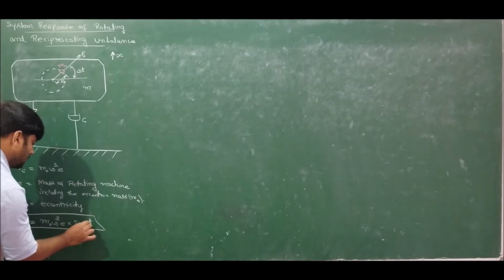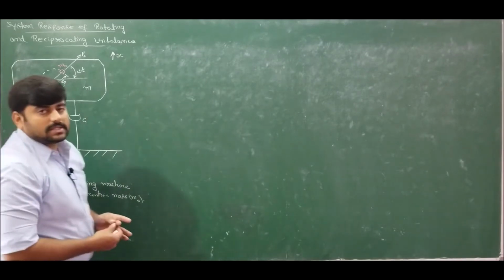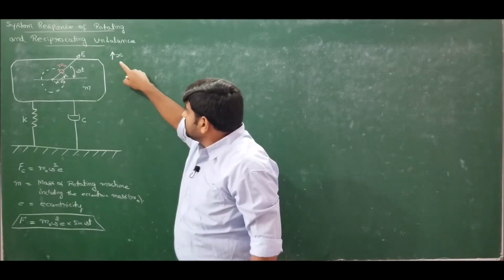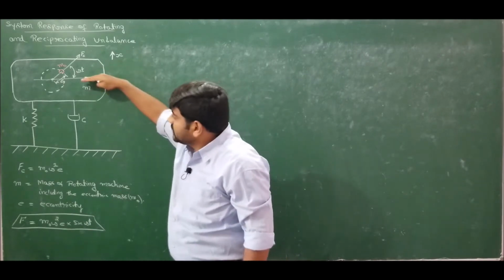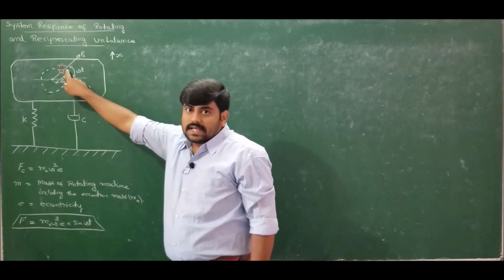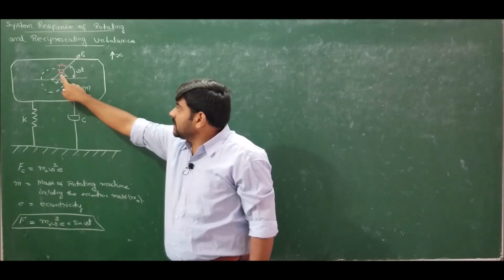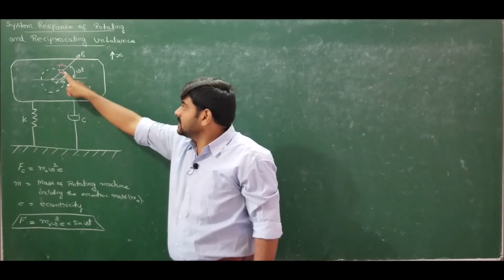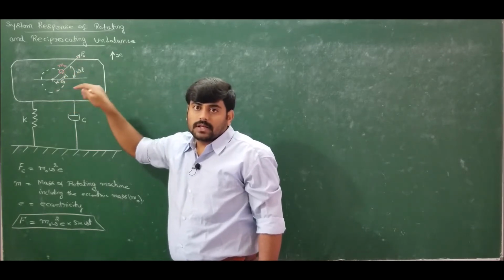Now at any given time, what is the displacement of m naught? At any given time, the entire mass is displaced by x from the reference, but the eccentric mass m naught is already situated at some distance from here. So what is the overall displacement of this mass m naught at any given time t?